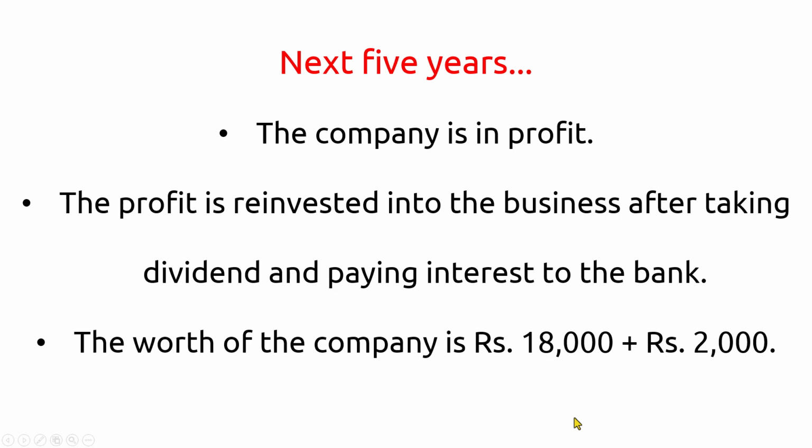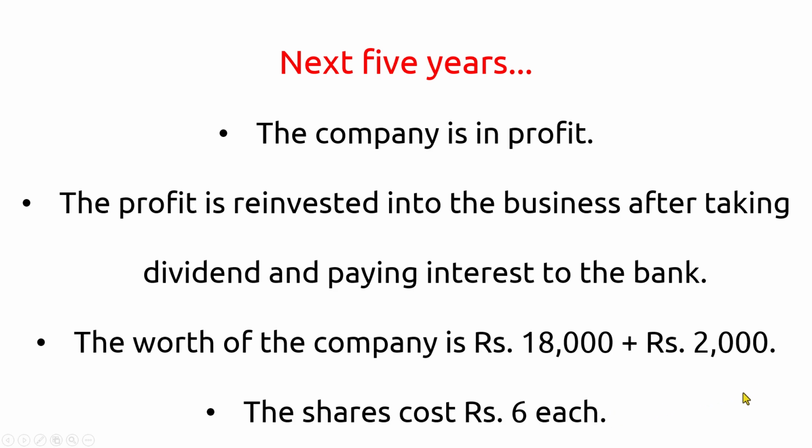Next, the shares cost 6 rupees each. When they had split the company into 3,000 shares, it was priced at 2 rupees each. After 5 years, due to all these profits, the price of a share is 6 rupees.